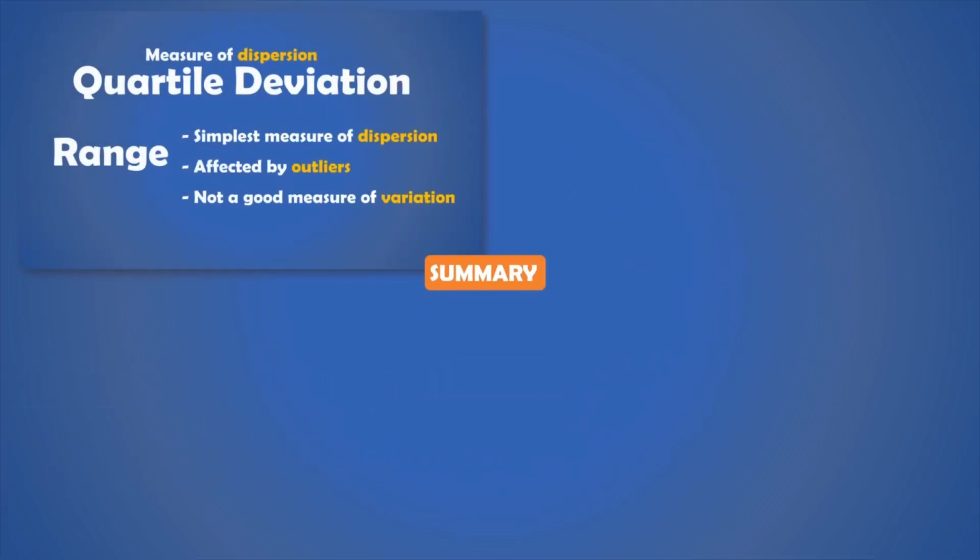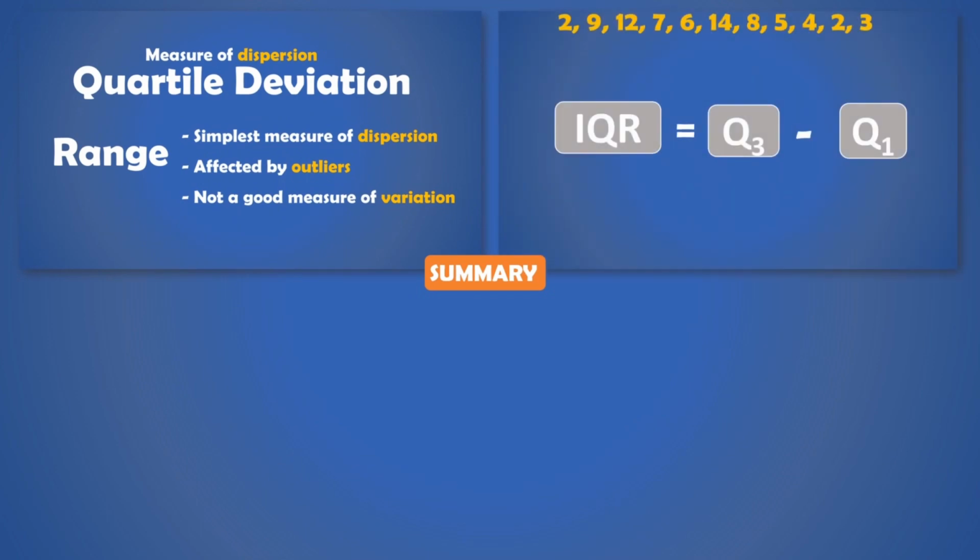Great. So remember, I started by saying the range is not a good measure of dispersion because it's affected by outliers. And the issue of outliers can be solved by computing the interquartile range, which is the difference between the third quartile and the first quartile. And calculating the interquartile range minimizes the instability of the range as it only measures the spread of the middle 50% of the values in the data set, excluding any possible outliers.